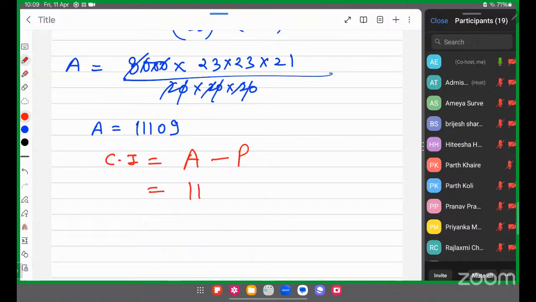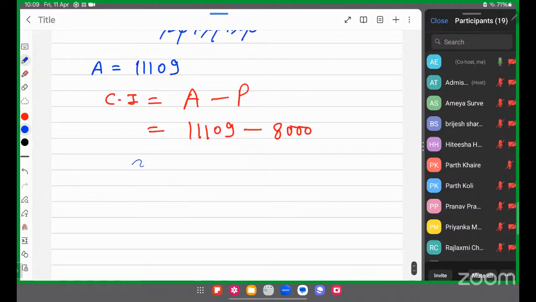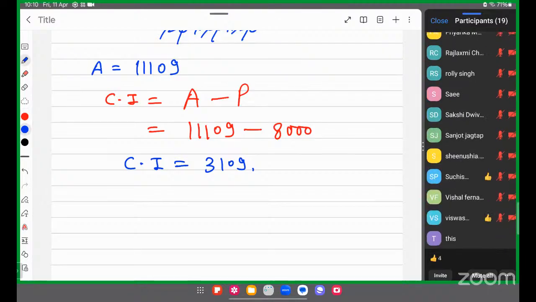So 11109 minus principal amount 8,000. So overall interest on this money is 3109. Understood or any doubt? No, sir. Okay.